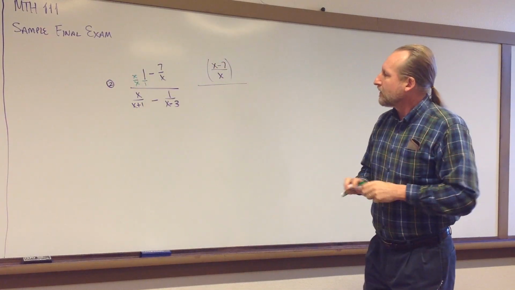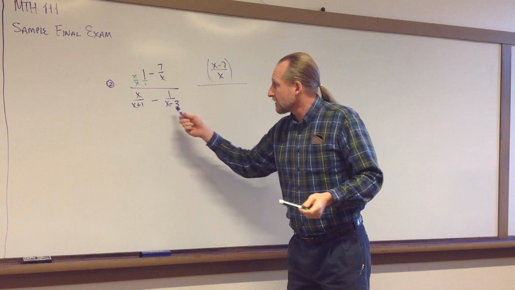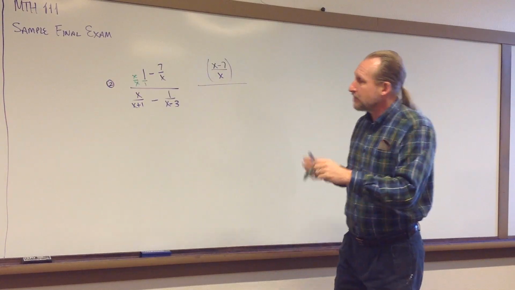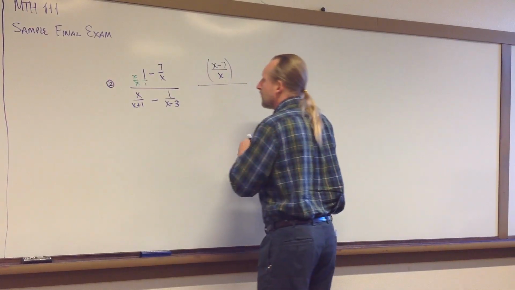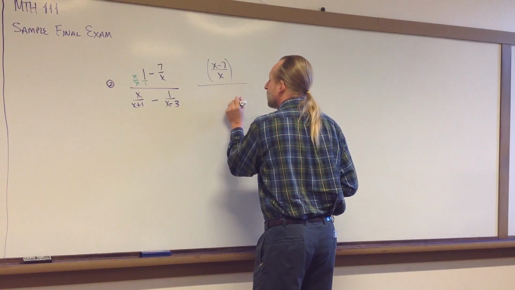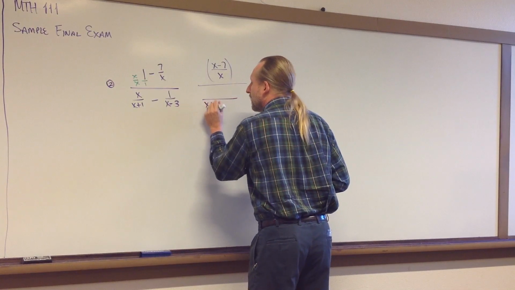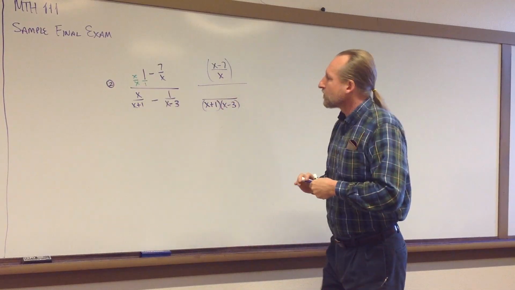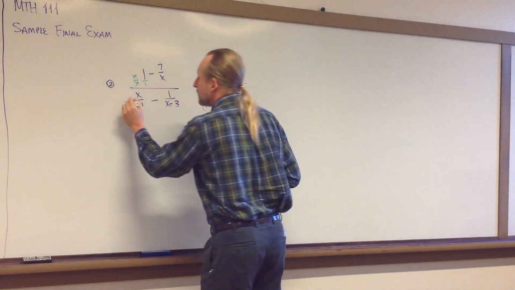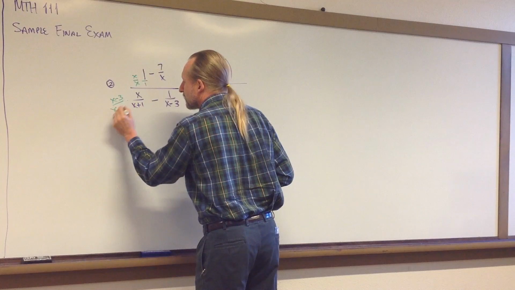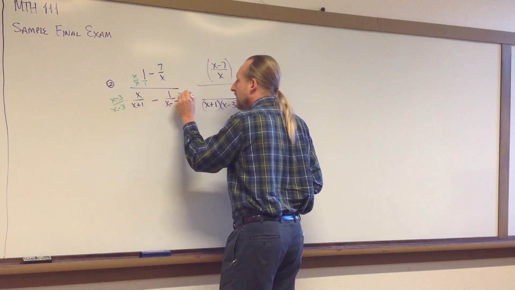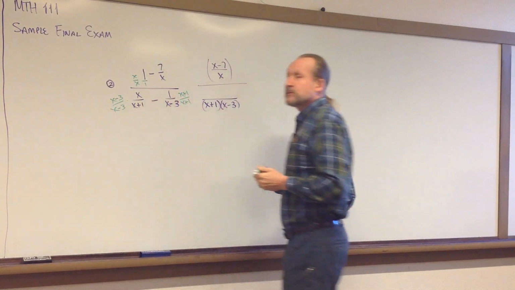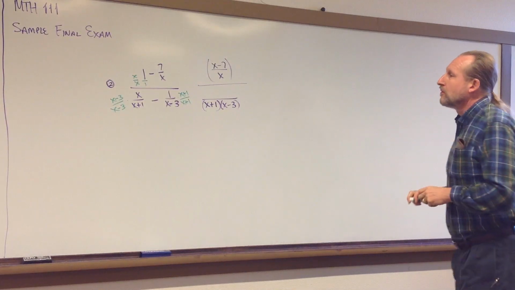Okay. On the bottom, the common denominator is going to be each one of these multiplied by the other one. And so we'll end up with a common denominator of (x plus 1) times (x minus 3). So to do that, we've got to multiply this one by (x minus 3) over (x minus 3), and this one by (x plus 1) over (x plus 1).